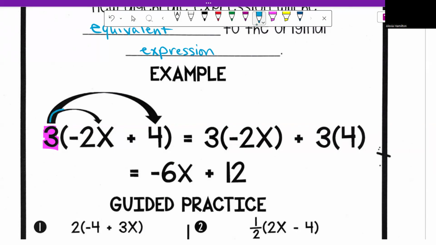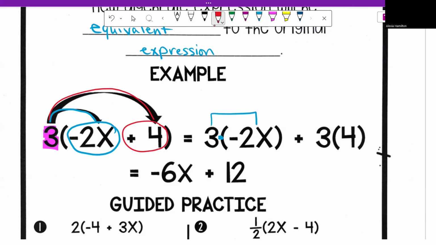So I'm going to take my 3 and I'm going to multiply it by this -2x. And that is where this comes from. It is being multiplied. 3 times parenthesis -2x. Then I'm going to take my 3 again, and I'm going to multiply it by a +4.